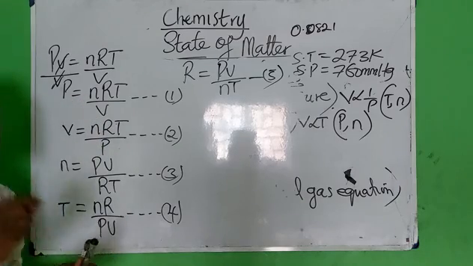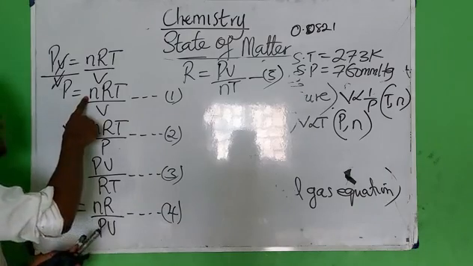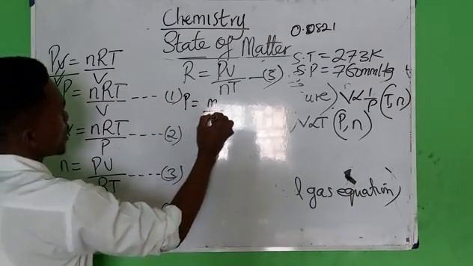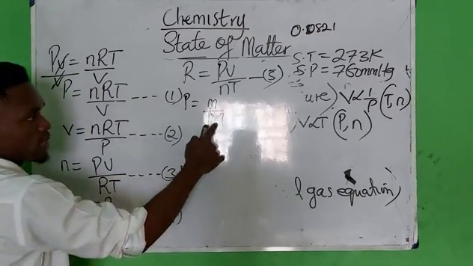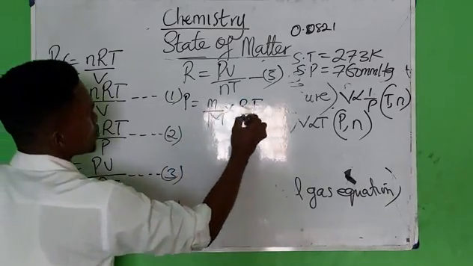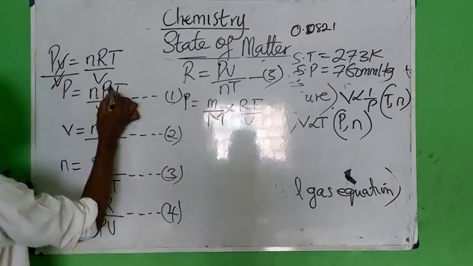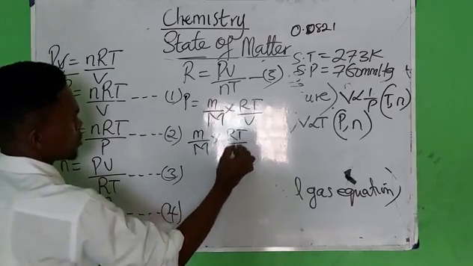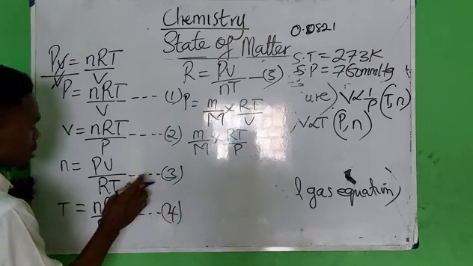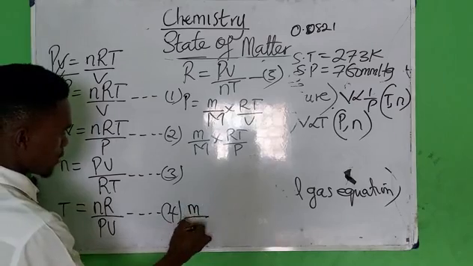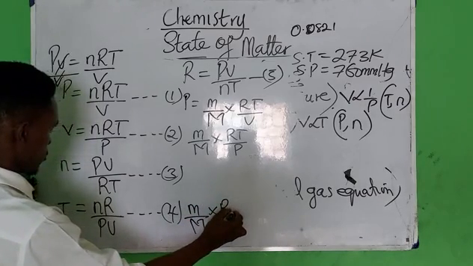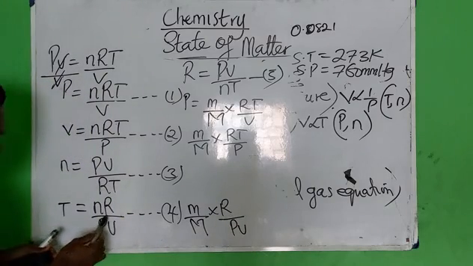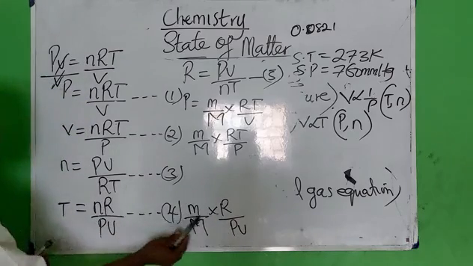And you know that n represents mass over molar mass. So in place of this n, I can simply write m over M, where m is the mass and M is the molar mass. Then P equals m over M times RT over V. Re-expressing this, I'll have V equals m over M times RT over P. Likewise, R equals PV over m over M times T, because the number of moles is mass over molar mass.